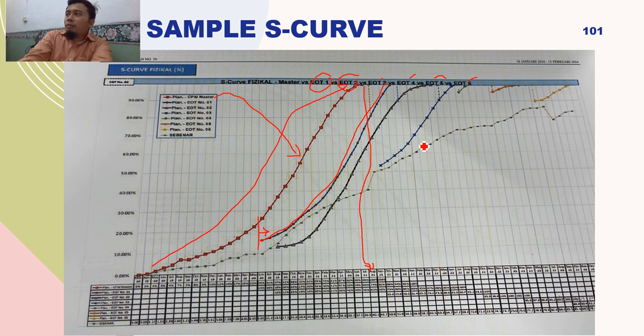But bear in mind, the duration given to you is not rightfully granted automatically. It needs to be justified. The delay must not be caused by the contractor, it must be caused by the client.